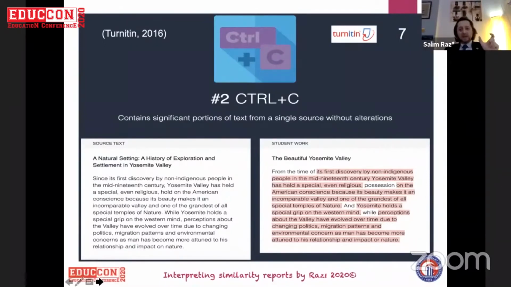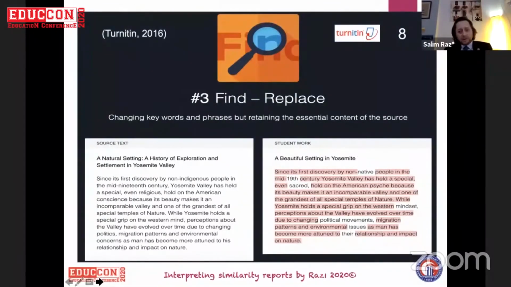However, there are very few words, such as from the time, and while, which are linguistic expressions, some linking devices that students edit or alter in the assignment. However, of course, this is going to be considered as plagiarism again, because there is no attribution to the original text.